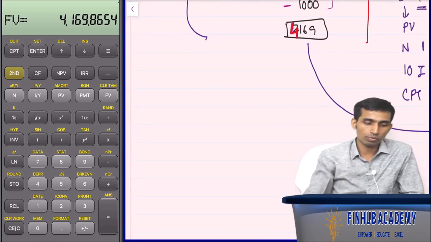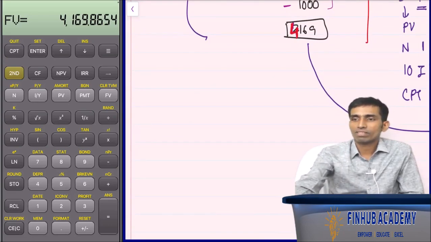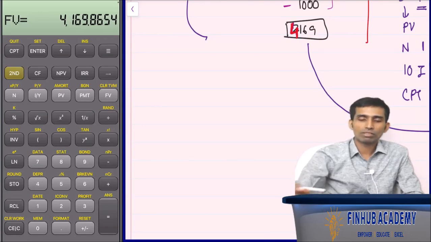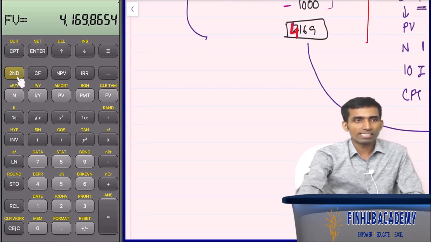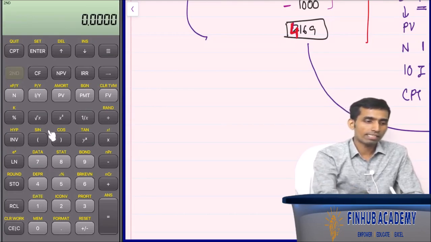How? I'll tell you. Wait. If you see here, there is something called BGN mode. Above PMT it is written BGN, correct? To set this into beginning mode, first I will come out of this with CE/C. Then I'll clear the TVM, second clear TVM.